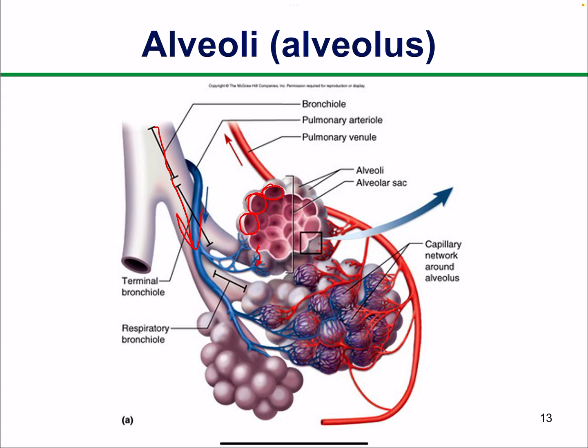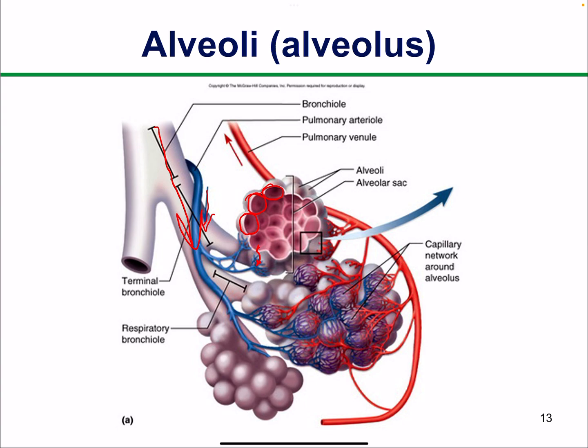So as oxygen gets in the capillaries, carbon dioxide gets out of the capillaries and gets into the lung alveoli to be exported outside of the cell. Now, the blood that comes into the lungs is poor in oxygen, rich in carbon dioxide, right?